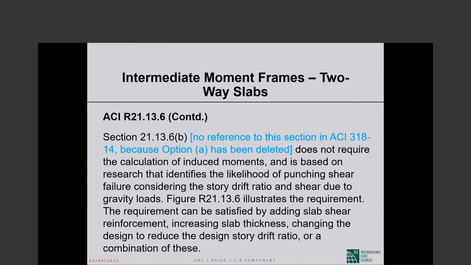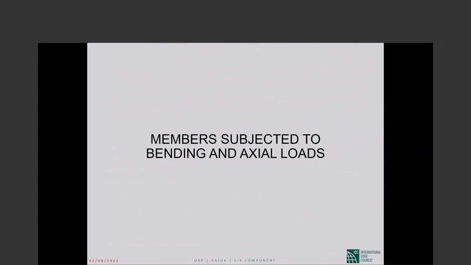It involves fudging of numbers, if you ask me. And although it is there in 318-08, I would strongly advise you not to go there. That option has gone away, and for the right reason. That option we had to put in to get the whole thing approved. Some members insisted on a way out, and that provided a way out. And I don't want you to take a way out. Go by option B.